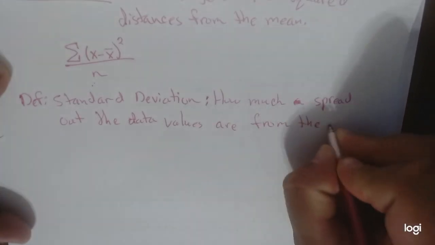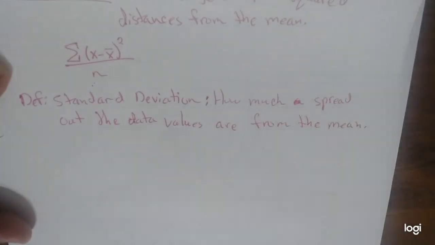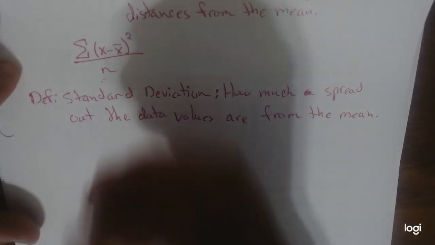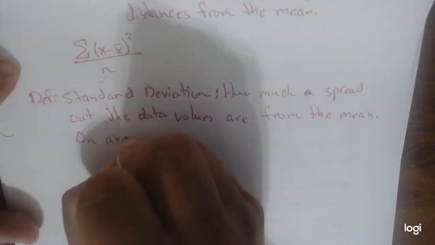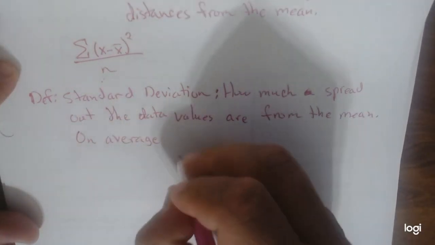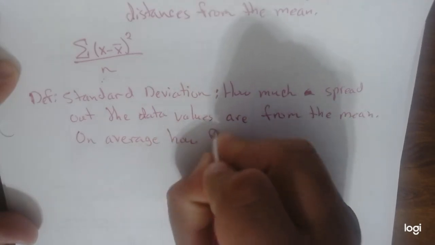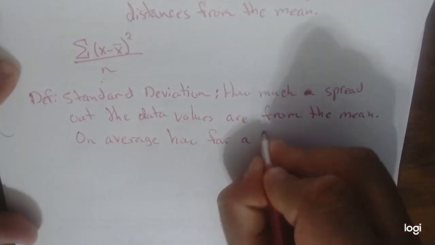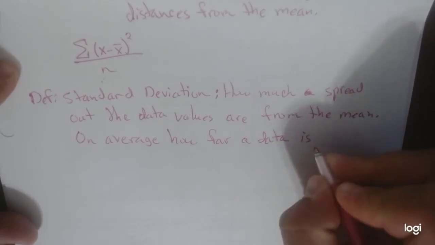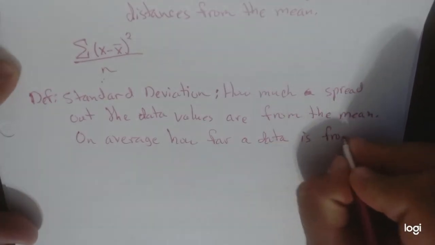In other words, on average, how far a data value is from the mean.